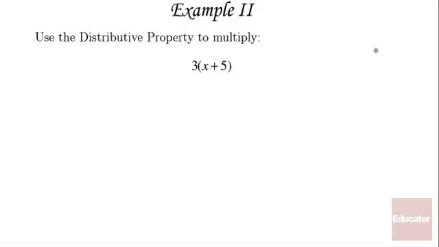In this next example, we're going to use the distributive property, but this time we have a variable. However, that doesn't change our approach. You handle it the same way that you handled the arithmetic expression that we just did. Again, I'm going to take the expression that I'm multiplying and multiply it first times the first term to give me 3x, and then times the second term.